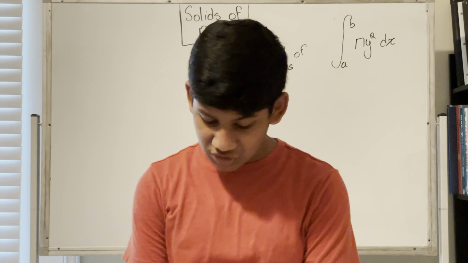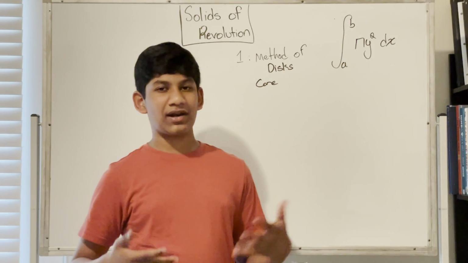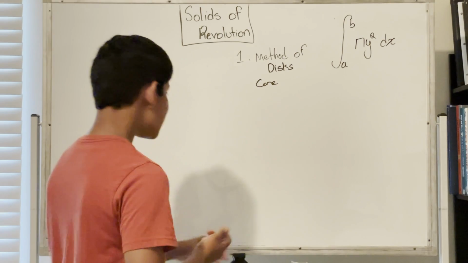It states, if the portion of the line y equals x over 3 is lying in the first quadrant and is rotated around the x-axis, a cone is generated. Find the volume of the cone extending from x equals 0 to x equals 5. Now this may seem a little bit wordy when considering the mathematical format it's in, but it's actually very simple.